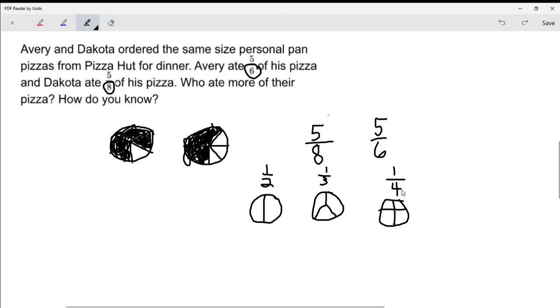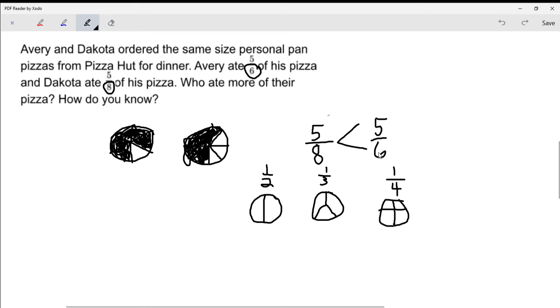What I mean by that is that usually when numbers go up, things are getting bigger. But when the denominator goes up, the pieces are getting smaller. So if you ever have the same numerator, the fraction with the smaller denominator is always going to be bigger.